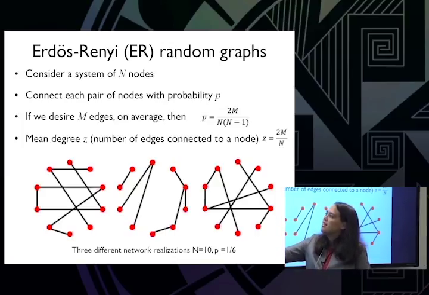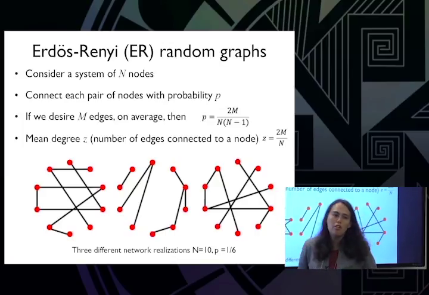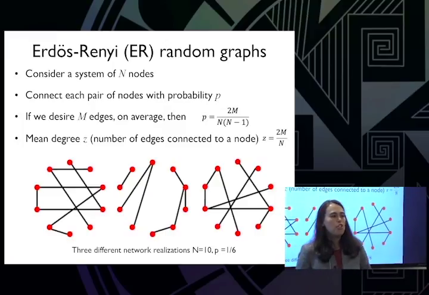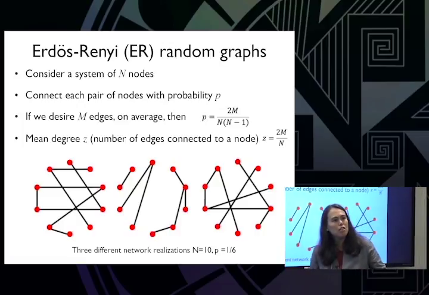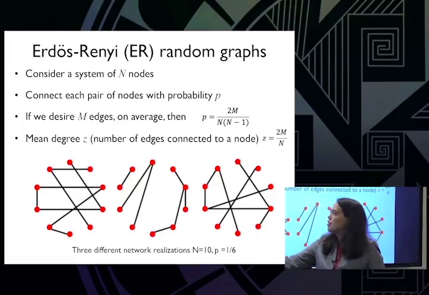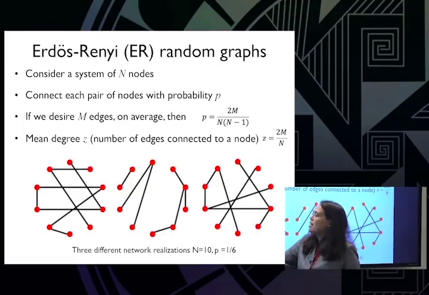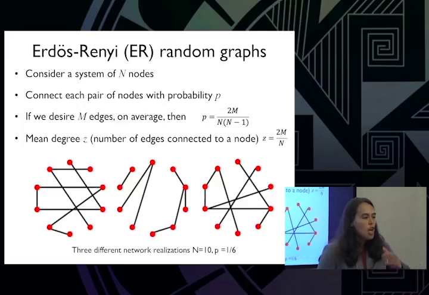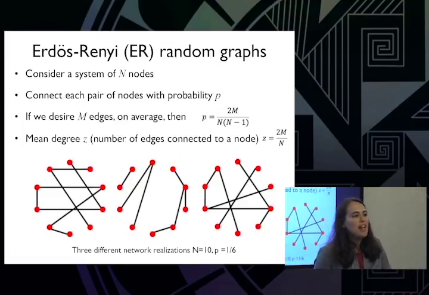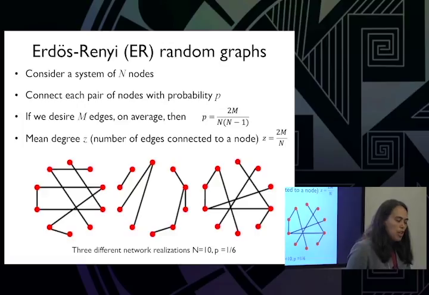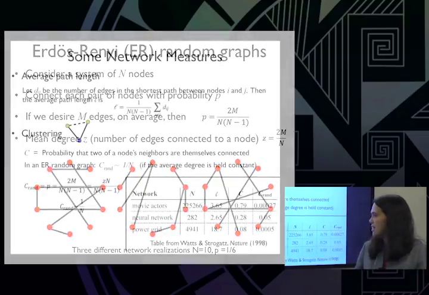I'm going to consider systems with larger and larger numbers of nodes: a network with 100 nodes, 1,000 nodes, 10,000 nodes, and so on. But all the while, I'm going to say the average number of connections per node is 5. So the number of nodes gets bigger, but the average number of connections stays the same.